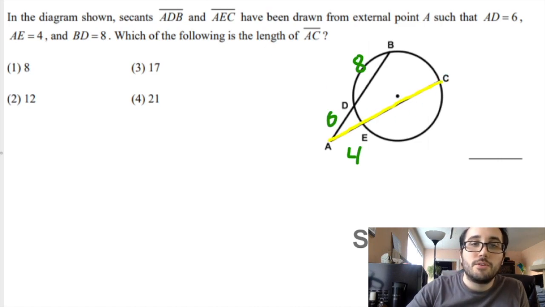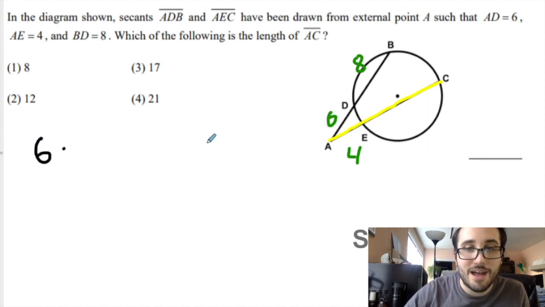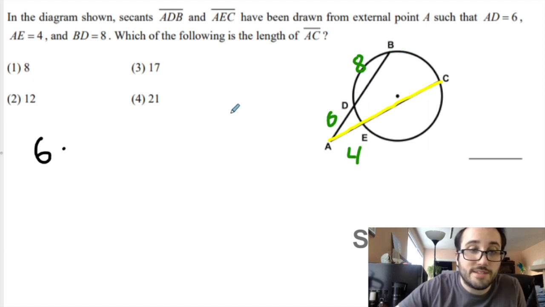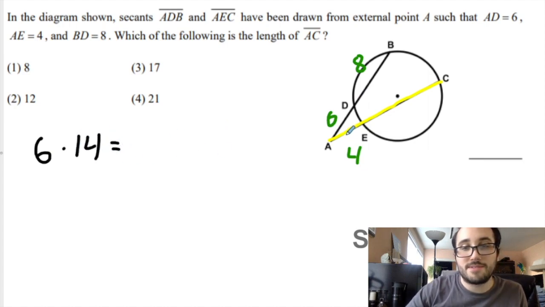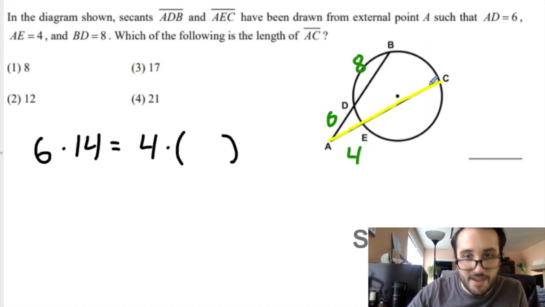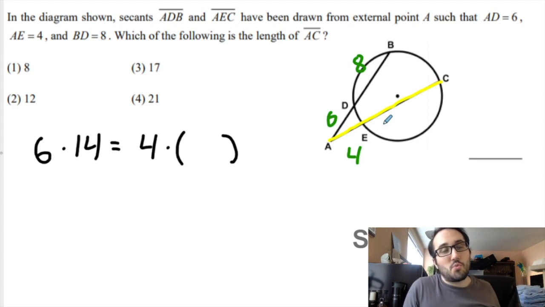So we have 6 times, well, what is the total length of AB? 14, right? Then we have the outside of this secant line is 4. Now, we need to figure out how to represent the entire length of AC. There are two ways we can do this.